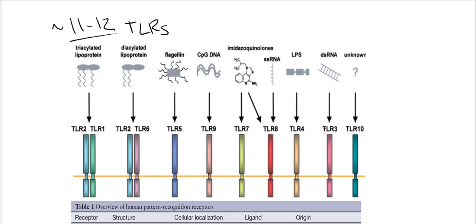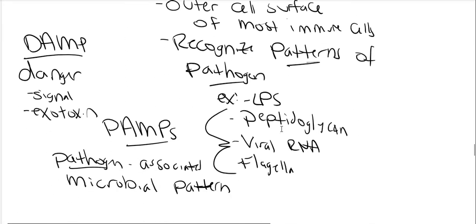For example, toll-like receptor 5 can recognize flagella. Toll-like receptor 4 recognizes LPS. Every toll-like receptor is scouting out, looking for any pathogen associated patterns.